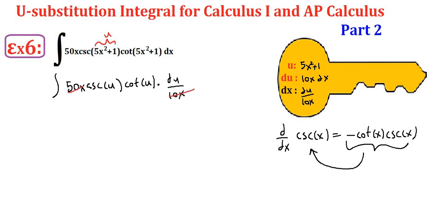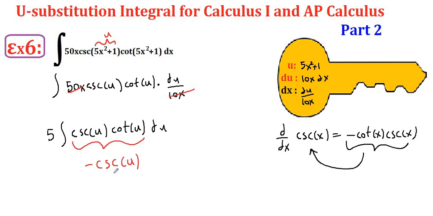50x divided by 10x is just 5. And we have cosecant of u and cotangent of u du. We said that the integral of negative cotangent of x times cosecant of x is giving us cosecant of x. So the antiderivative of these two functions will give us negative cosecant of x.